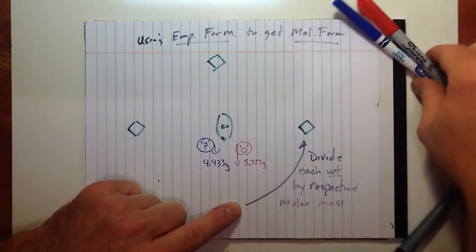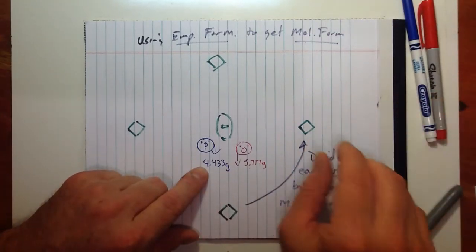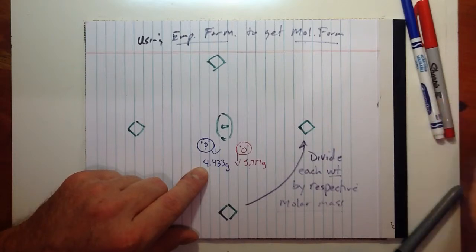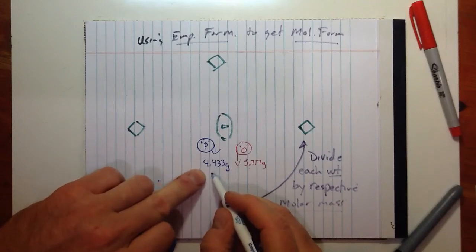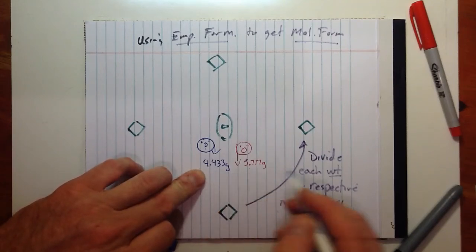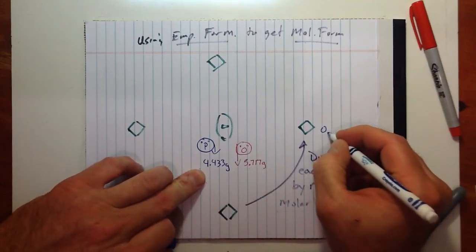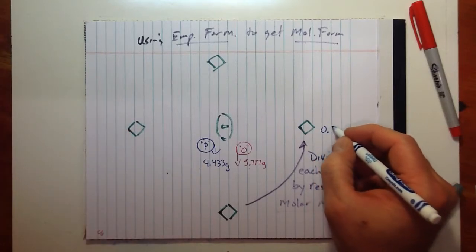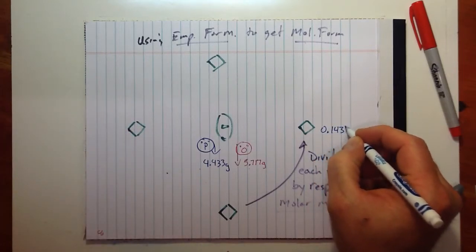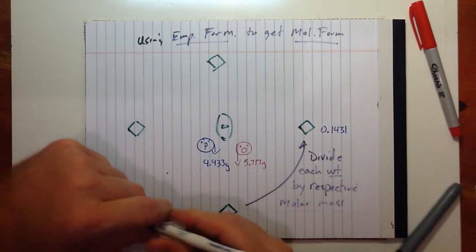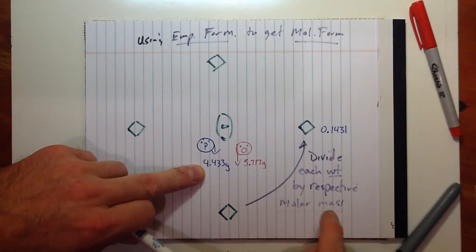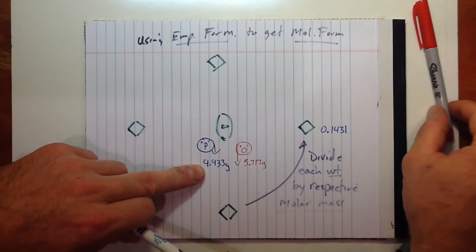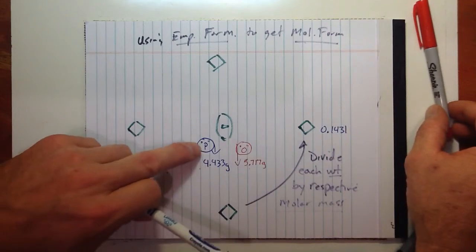If you look up phosphorus, phosphorus has a weight of 30.97. So the first thing we do is divide this number by 30.97. If you do that, I'm going to put it in blue, you get 0.1431. That's phosphorus if we divide this mass by phosphorus's molar mass, which is, again, 30.97, and you find that on the periodic table.